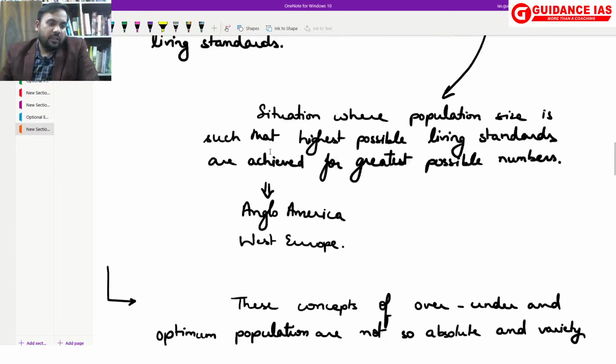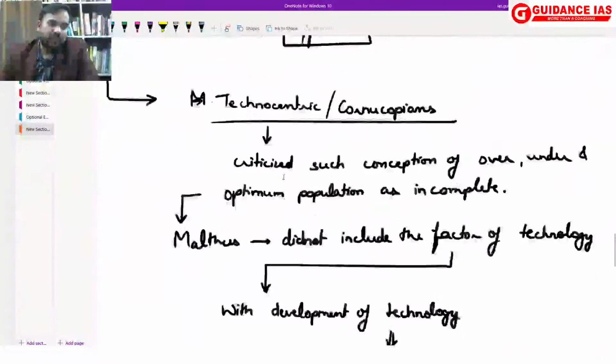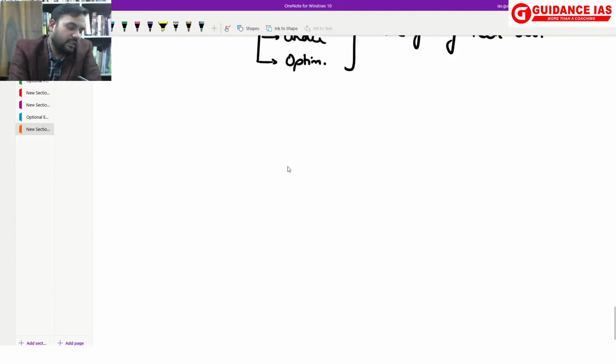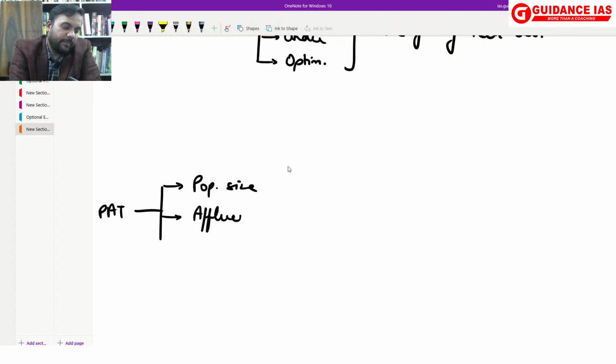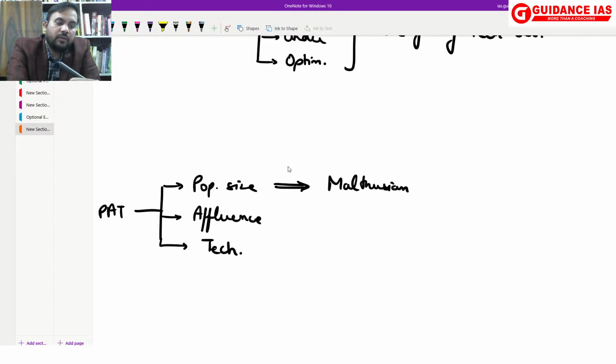Okay. So I'll just explain, because look, whenever we are talking about population resource, there are three aspects. One is what we discussed about PAT, PAT. One is population size, affluence and technology. So three aspects are there. This is the Malthusian or the ecocentric view.